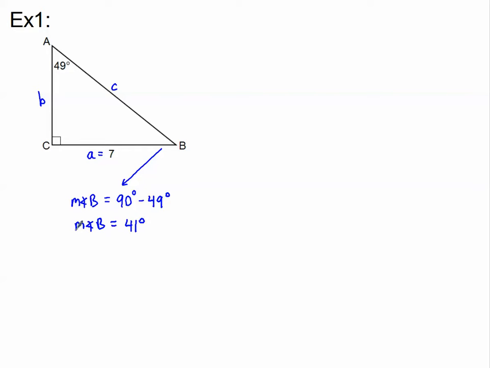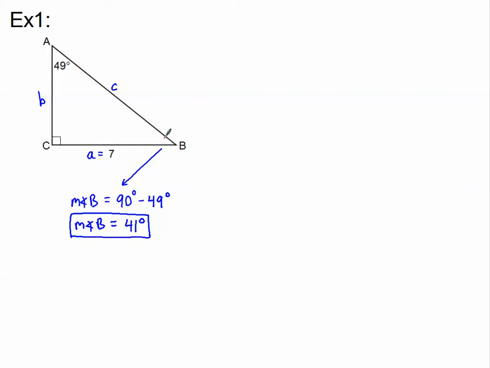Please be sure that you have your degree symbol everywhere you're talking about an angle that's measured in degrees. So the three angles are now solved. I've got my 90 degrees, my 49 degrees, and of course now my 41 degrees. I'm missing side A and I'm missing side B. I'm going to be using my sohcahtoa ratios, but the question is, where are you standing on this triangle?